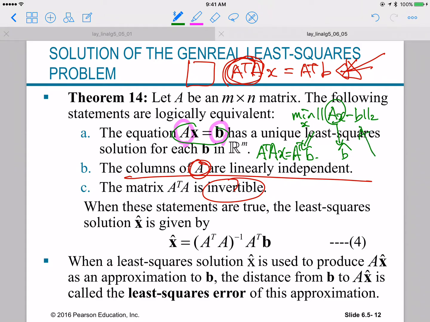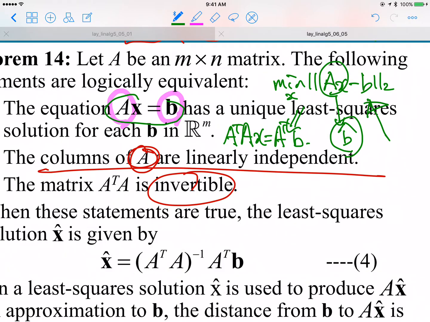And if the solution for this minimization problem is unique, which means our b hat, which is an orthogonal projection, is represented as a unique linear combination of the columns of A, then this x will be obtained as a unique vector, right?